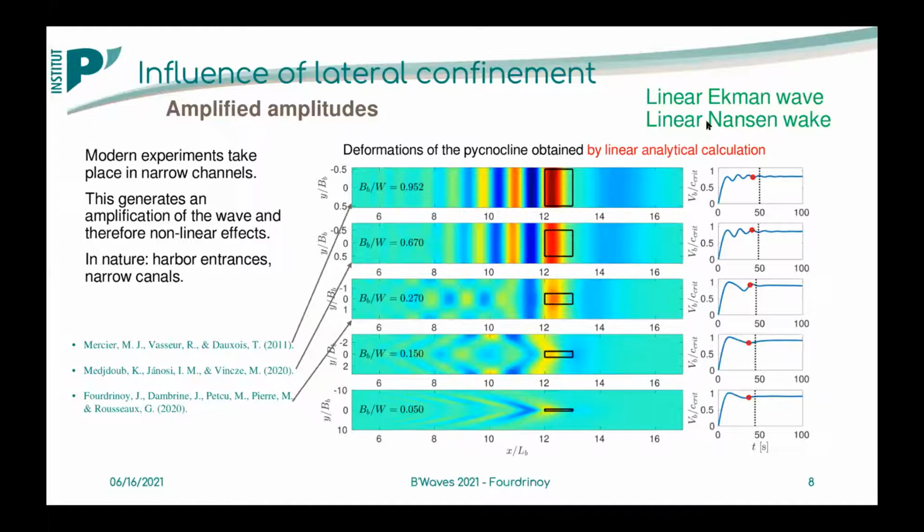We also notice that the dynamics of the boat are modified and the speed oscillations gain in amplitude and in frequency. Thus, observation of dead-water effects is accentuated by the use of narrow canals in the laboratory, but outside laboratories, we find this problem at the entrance of a harbor, for example.